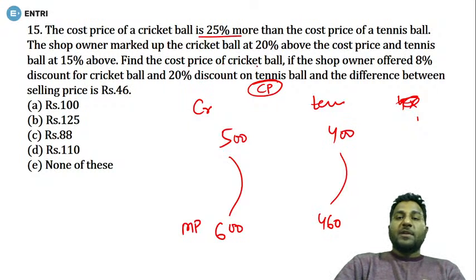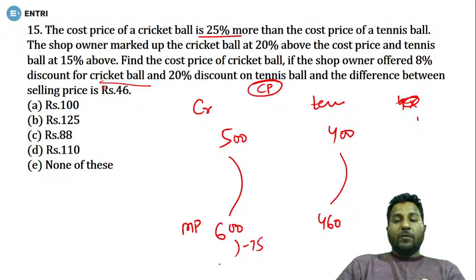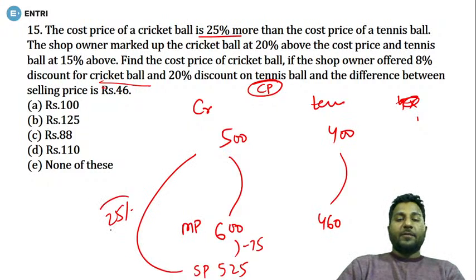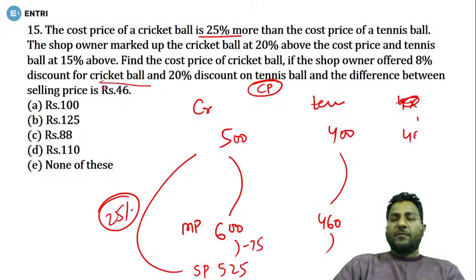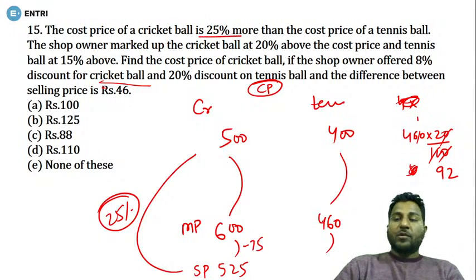Now find the cost price of the cricket ball if the shop owner offered 8% discount on the cricket ball. So 8% discount means 8% of 600, which is 48, so 552. And 20% discount on the tennis ball. So 20% of 460 is 92. 92 would be the discount on the tennis ball.